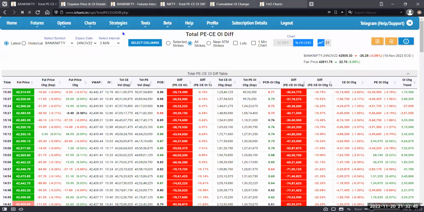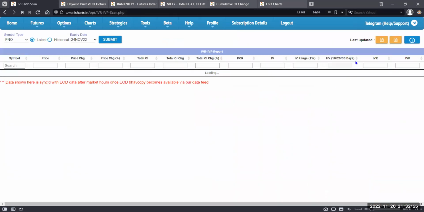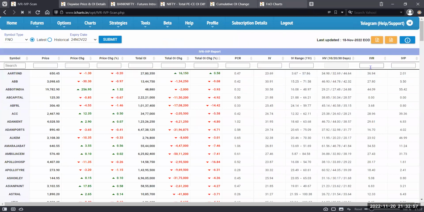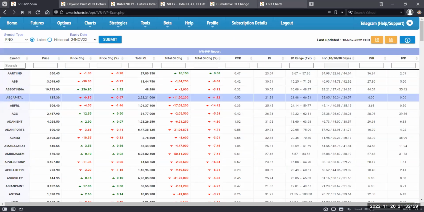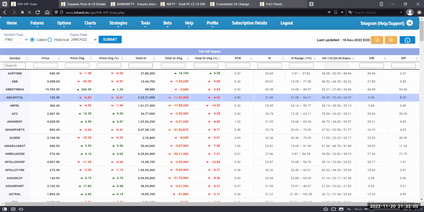Yeah, Manoj is asking how to trade through the IVR-IVP scan. We already discussed that. You can't trade directly with it. As I said, this is basically for selecting scripts where IV is low or high.